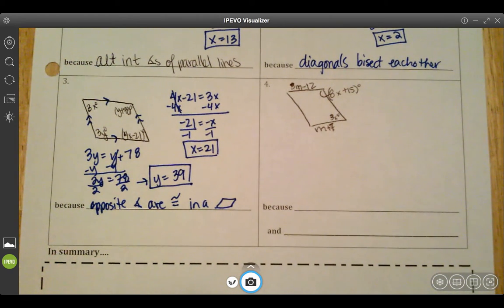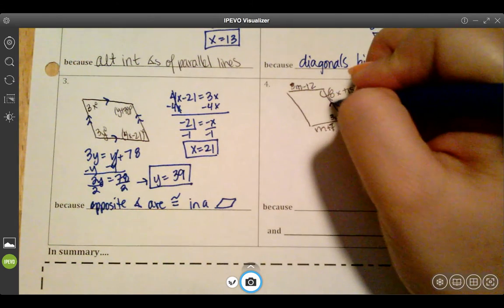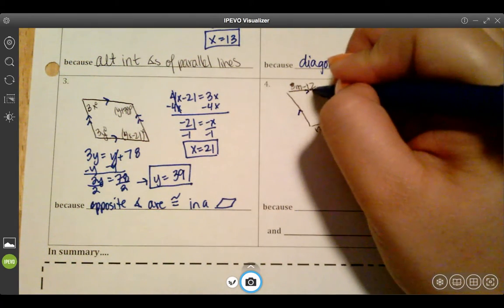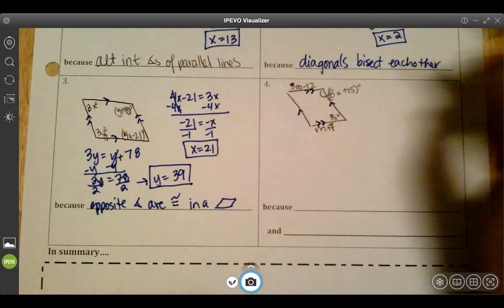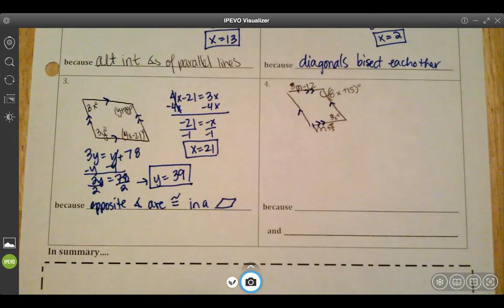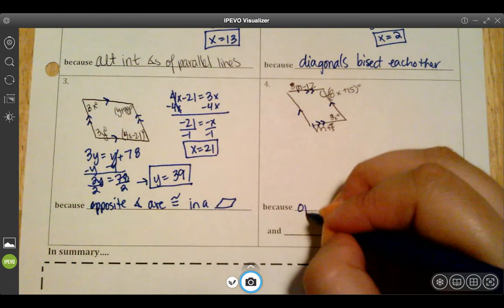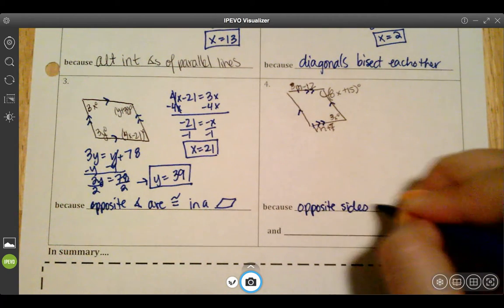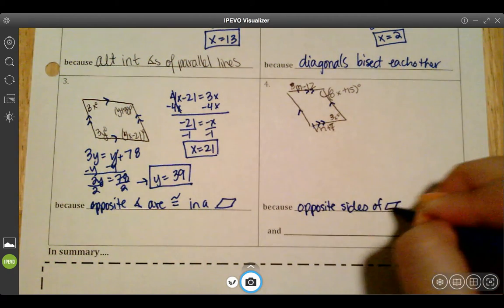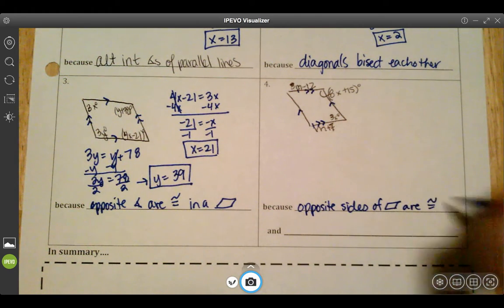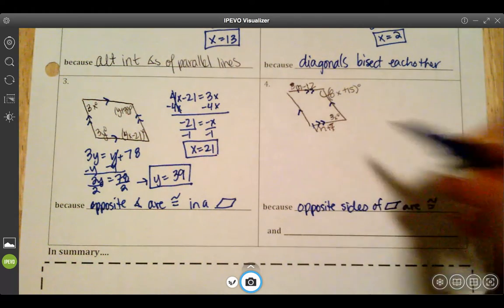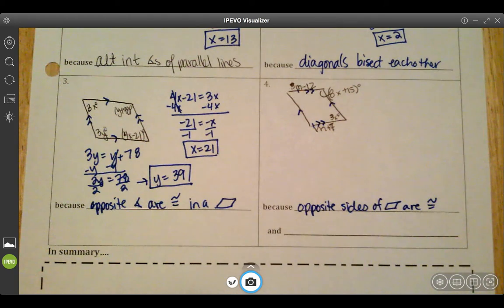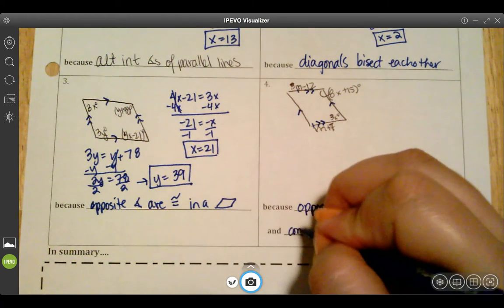And number 4. So again, we are assuming if these are parallel, then opposite sides are congruent. And angles, so those are not opposite angles, those are consecutive.